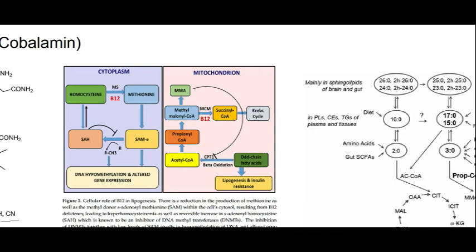Using this S-adenosyl methionine to methylate things, this talks about DNA methylation, but there are other things that can be methylated, generates this S-adenosyl homocysteine after the methyl group is removed from here. Then that is converted into homocysteine. And homocysteine can become toxic if too much is built up.